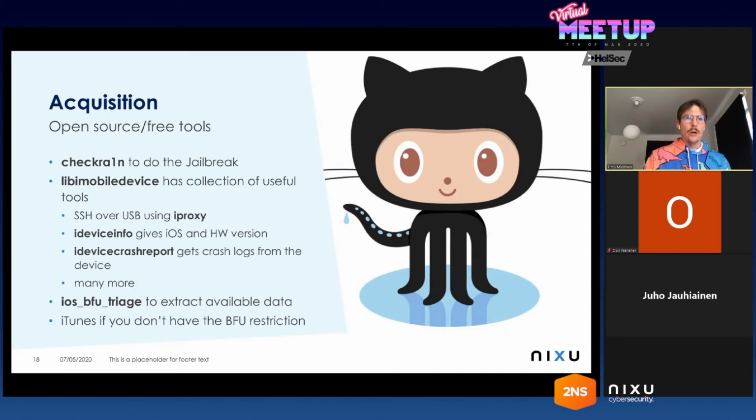Some open source and free tools you can use. So basically Checkra1n to do the jailbreak. And if you want to get the biggest amount of data that is available, then you always should do the jailbreak, unless you're not allowed to do it or you have an iPhone version that has no working jailbreak.